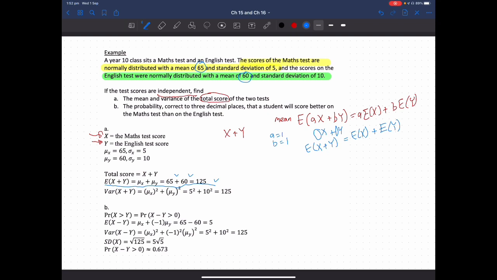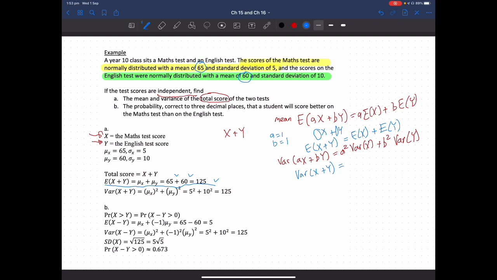Now we want to work out the variance. So if we again consider the variance formula, the variance of ax plus by is equal to a squared times the variance of x plus b squared times the variance of y. What we know is we're working out the variance of x plus y.